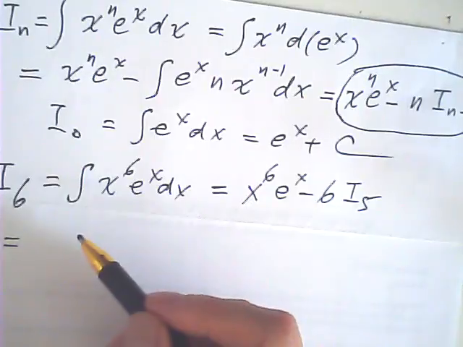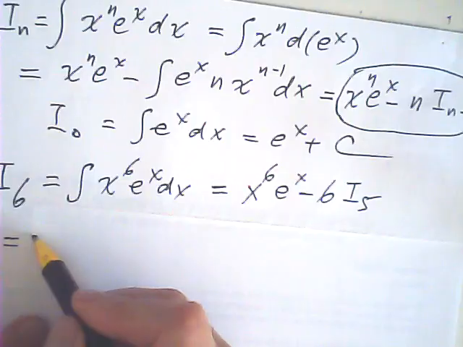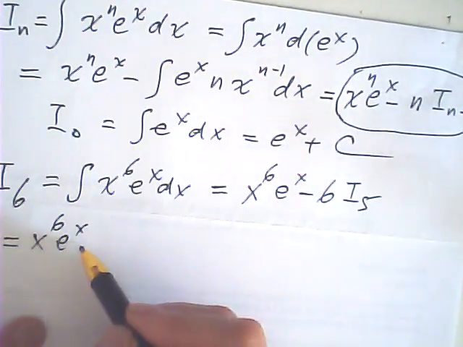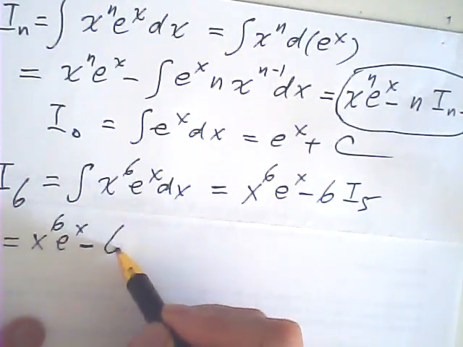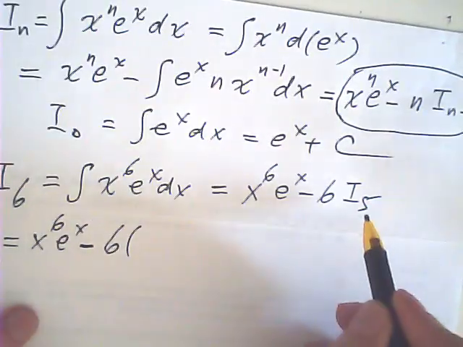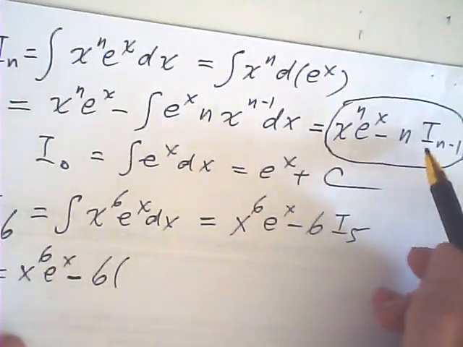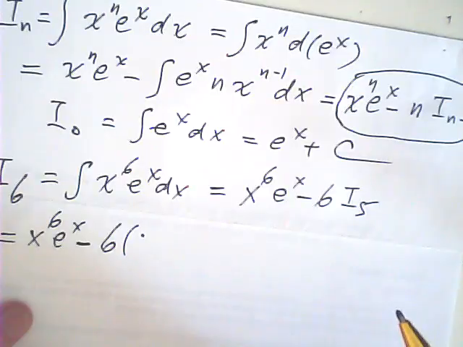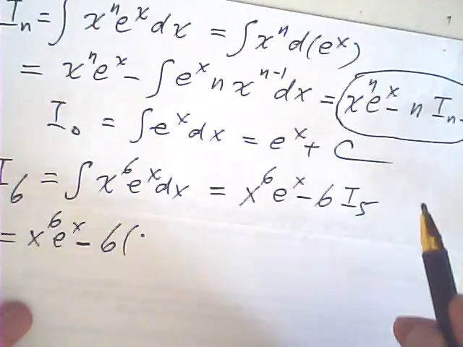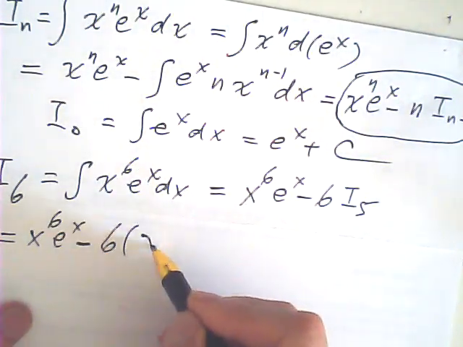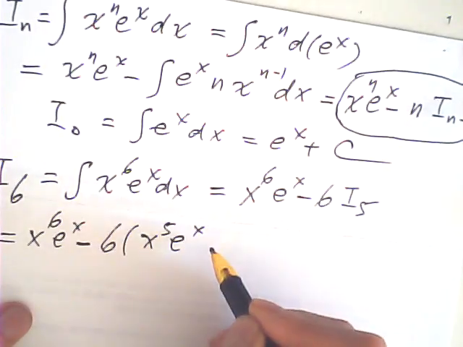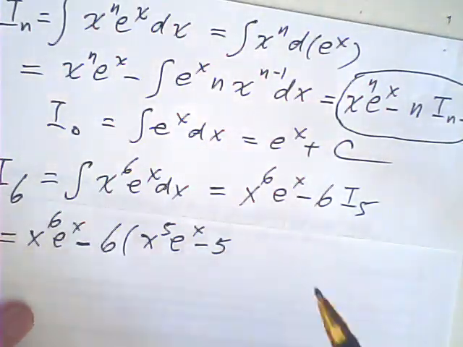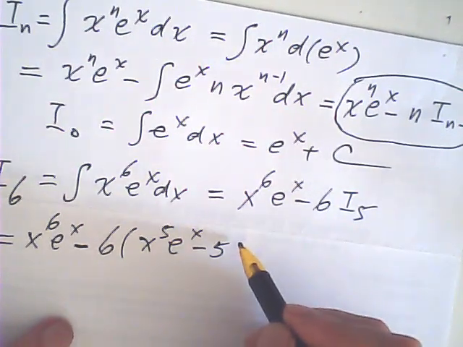So this one equal to x to the 6 e to the x minus 6 times x^5 e to the x minus 5 times I4.